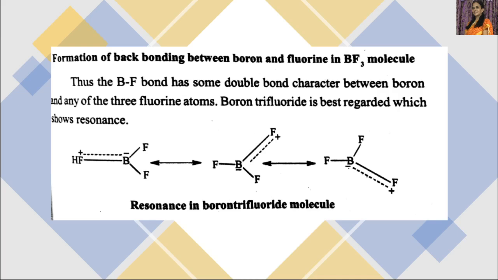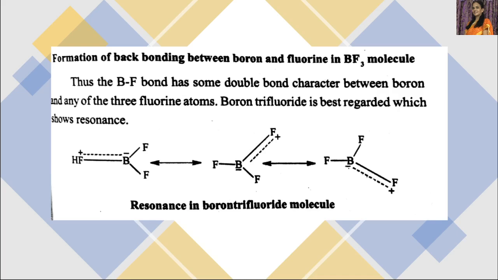And next one is about the framework of electrons in the Closo series. In the case of higher boranes, we have discussed the different types of frameworks. In the Closo series, the framework is 2n plus 2, and in the Nido series, it is 2n plus 4.